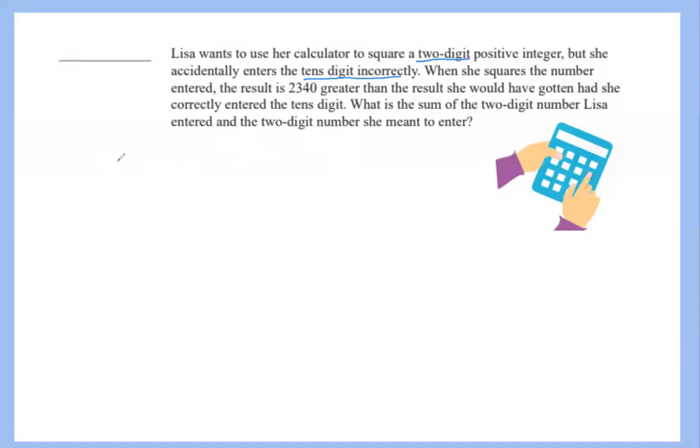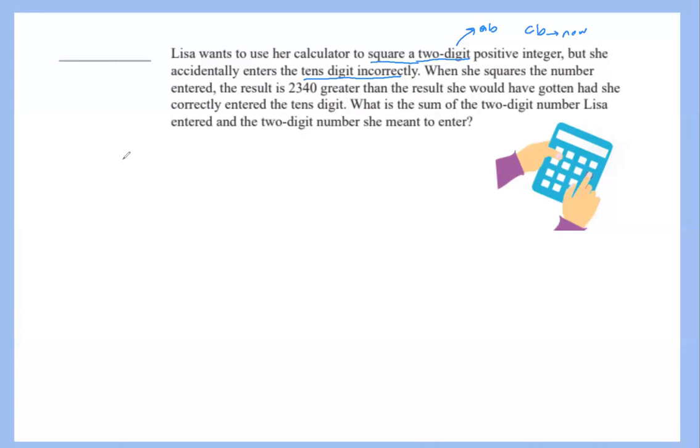So basically, let's say her number is AB, but she's instead changing this A to something else. Instead of doing this, she's using maybe CB. Okay, and this is the new number that she's putting into the calculator instead of AB. And we are going to square this, so we are squaring a two-digit number.